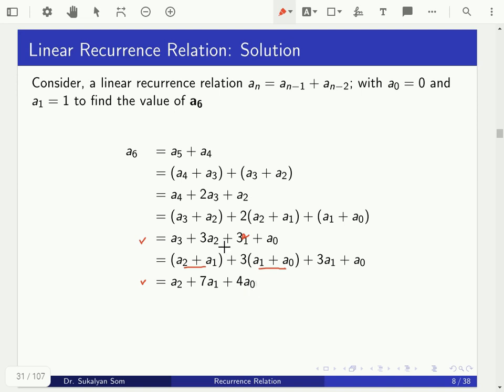Now in this equation also, we know what a1 is, we know what a0 is, but a2 is unknown.